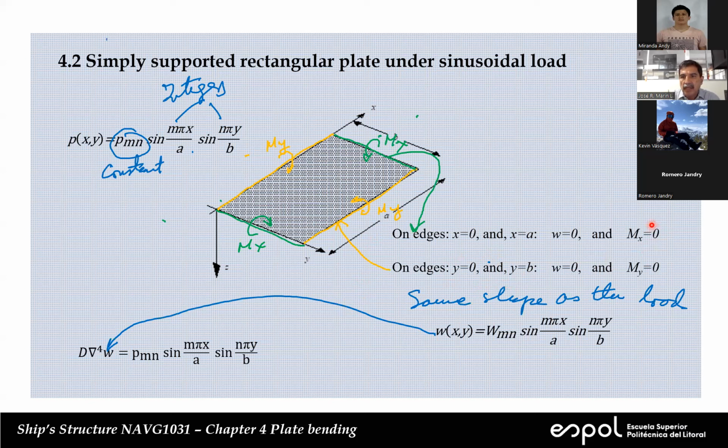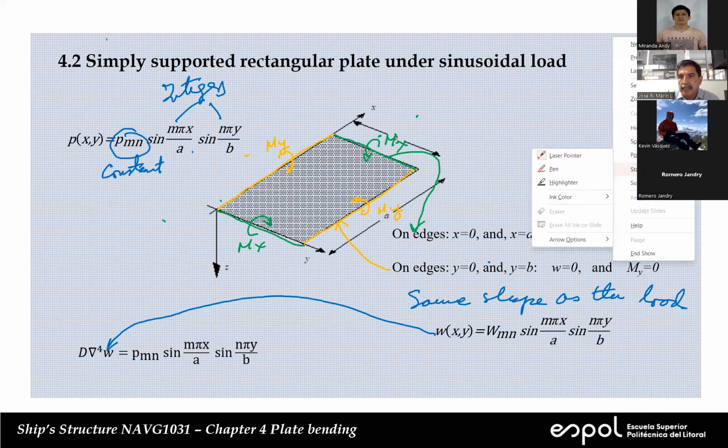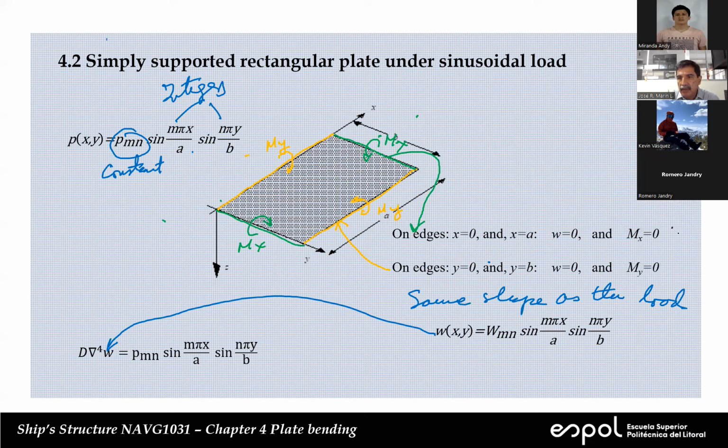Instead of mx equal to 0, on this edge and on that, we can say that it's the second derivative. Instead of this, we can say w xx is 0. And in this case, w yy is equal to 0.